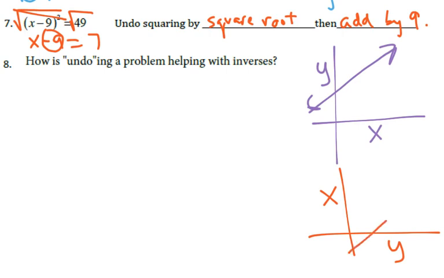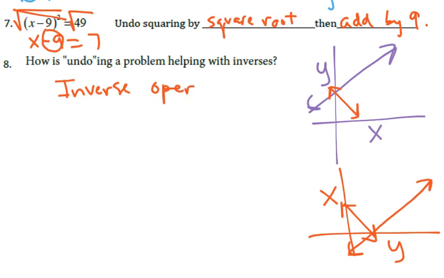And it would look different. Well, flip-flopping the x and the y is a way that we help find inverses. And so, by having those inverse operations, it can help us understand more about the inverses of functions.